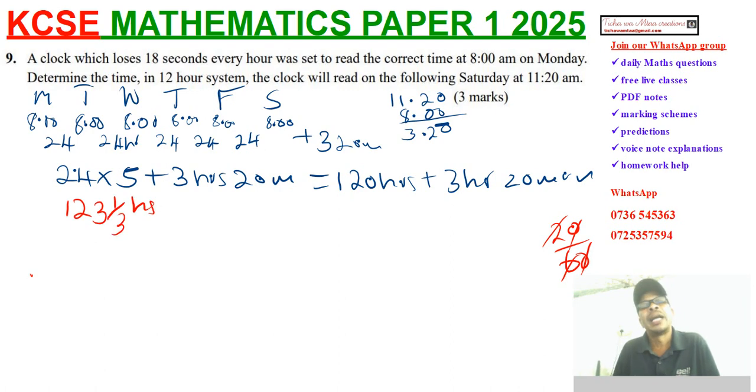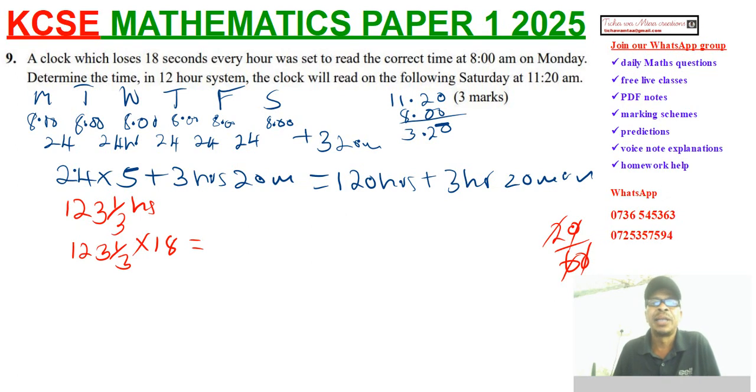And since every hour the clock is losing 18 seconds, you say how many seconds are lost in these 123 and a third hours. You multiply by 18 to get the number of seconds lost in those hours.